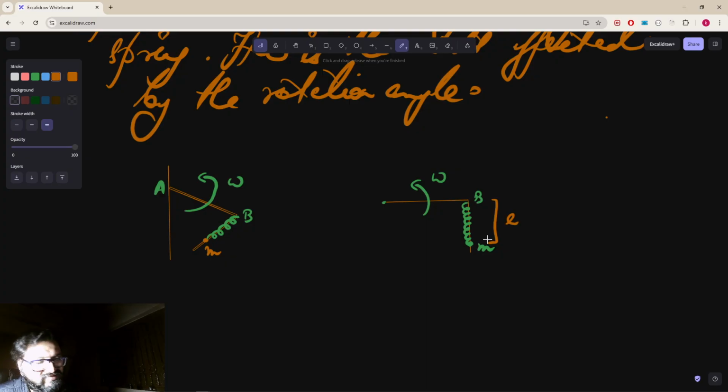It did not have any extension or any compression. This was the initial situation wherein my body was not rotating. Once it started rotating, I'll copy this diagram.